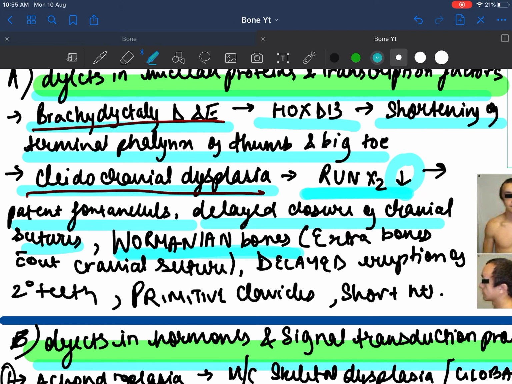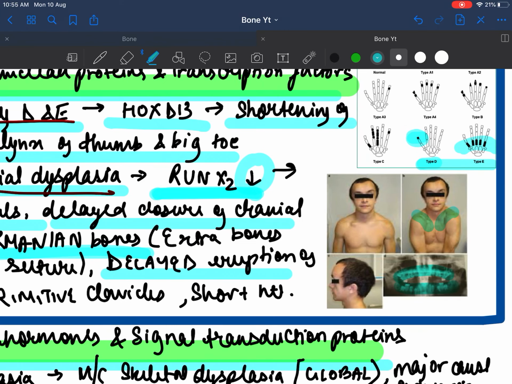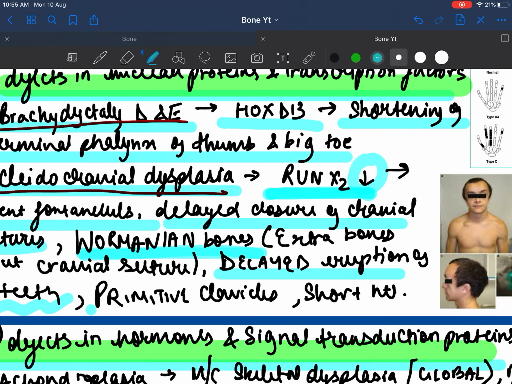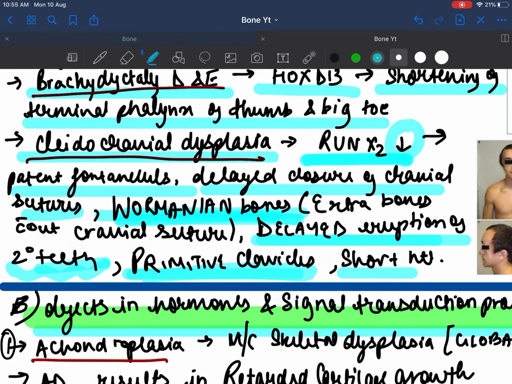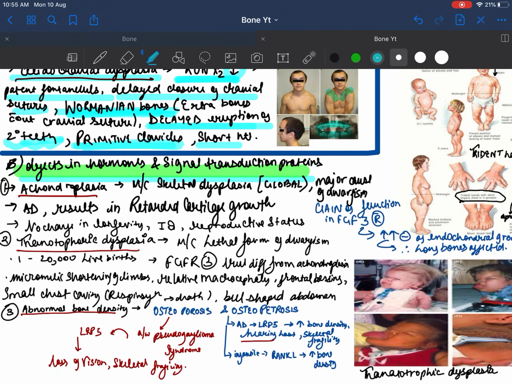These are extra bones within the cranial sutures, and they will have delayed eruption of the secondary teeth, so they can have a haphazard arrangement of teeth in the future. Obviously, they will have primitive clavicles, and they will be of short height. So the thing to remember here is primitive clavicles, Wormian bones, and delayed eruption of secondary teeth. The other things are not to be memorized.